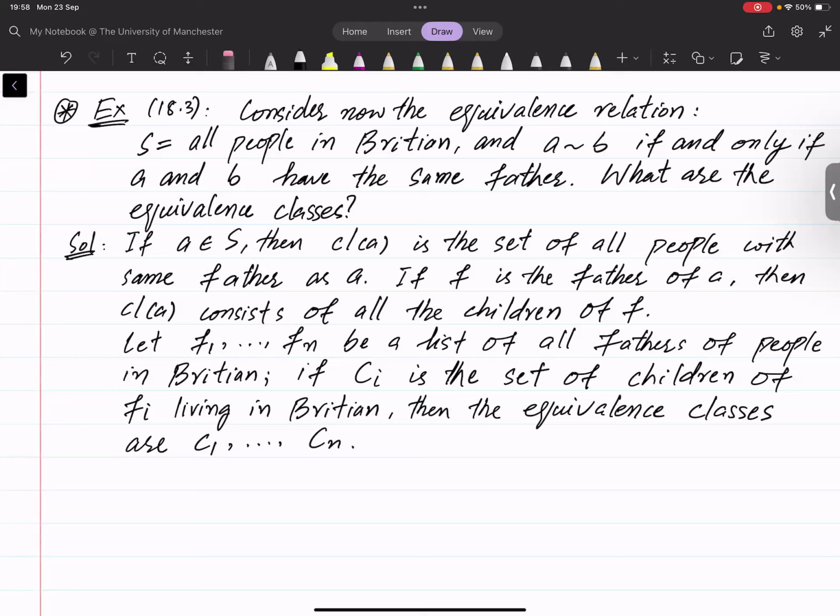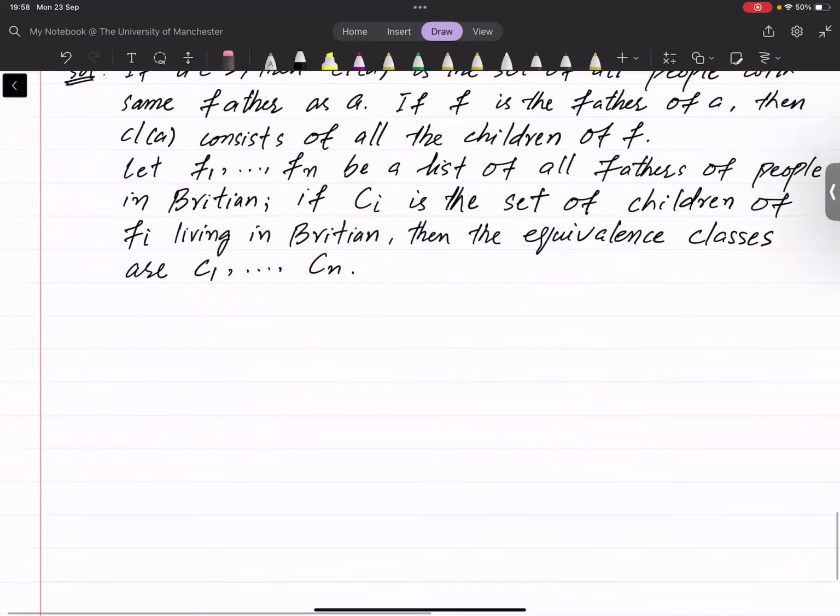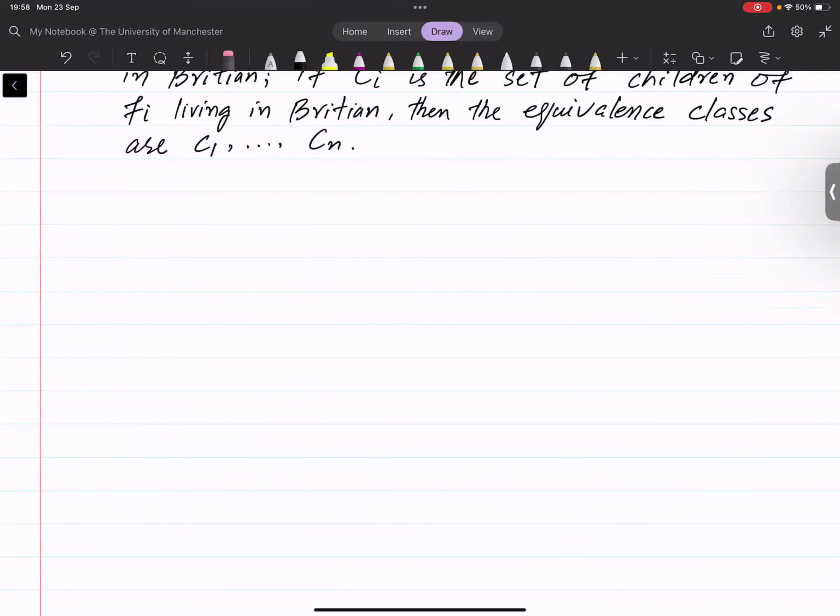So another way of putting this is that the subsets have the property that their union is S, and any two of them are disjoint. So we state this as a proposition.